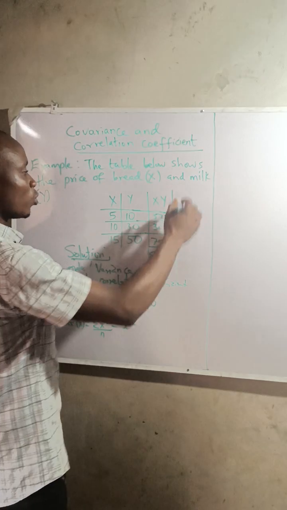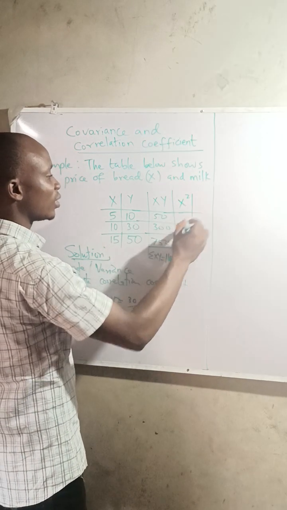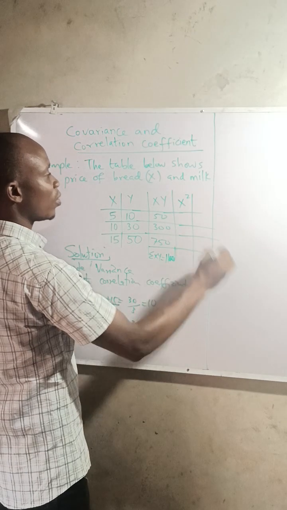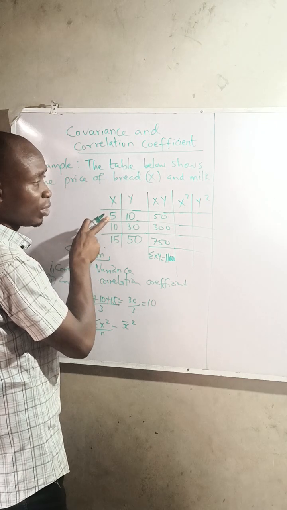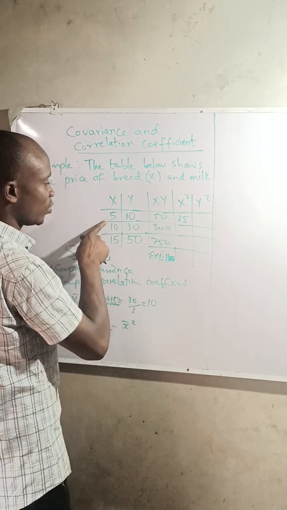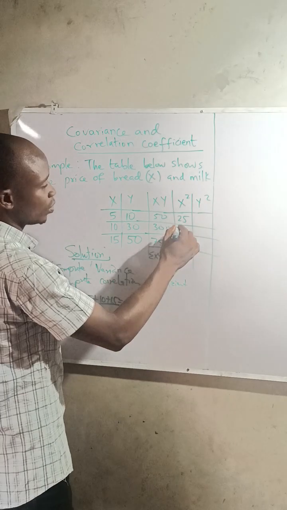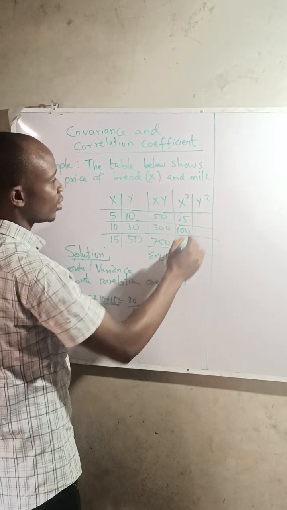So we'll also be needing a column x squared and y squared. So x squared is simply 5 times 5, which is 25. 10 times 10, which is 100. And then 15 times 15, which is 225.